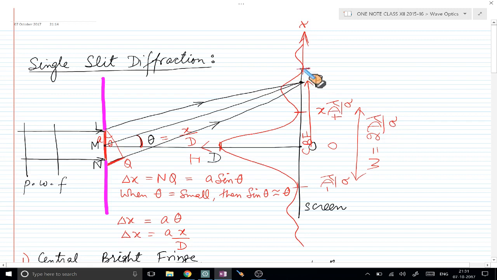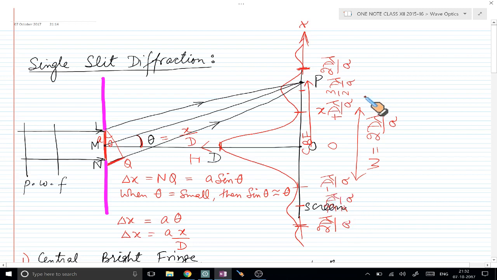The position of second dark is 2D lambda by a. Okay, now the position of first bright, secondary bright or secondary maxima is 3 by 2 D lambda by a here, and over here minus 3 by 2 D lambda by a.